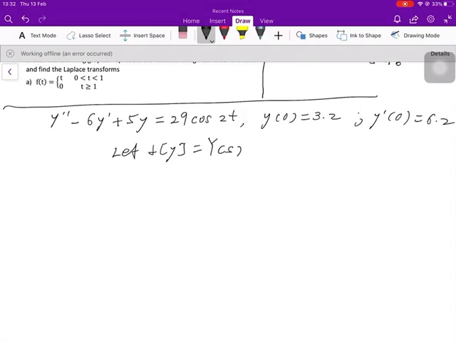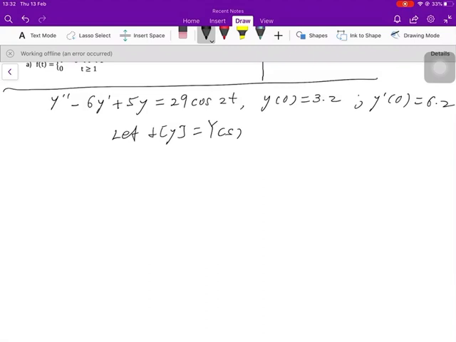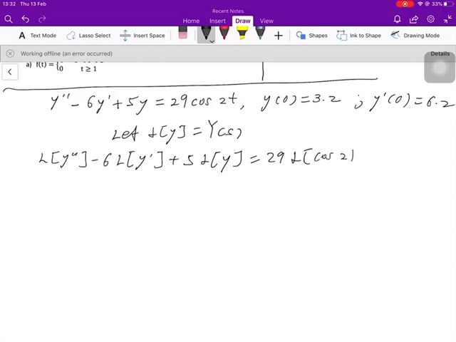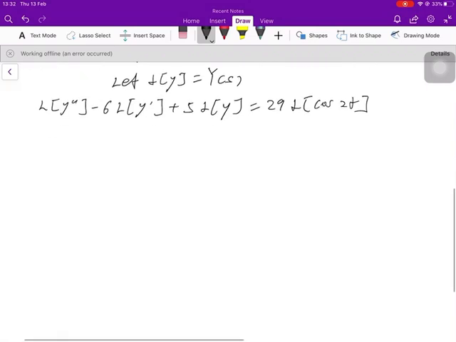To solve this differential equation using the Laplace transform, we are going to pass every term of this differential equation into the Laplace transform operator: the y double prime, the y prime, the variable y, and also the cosine 2t.